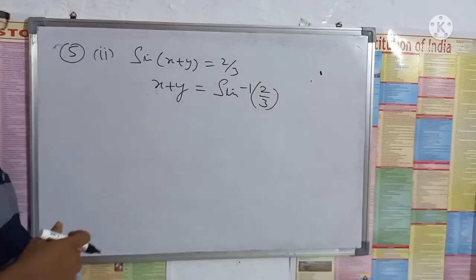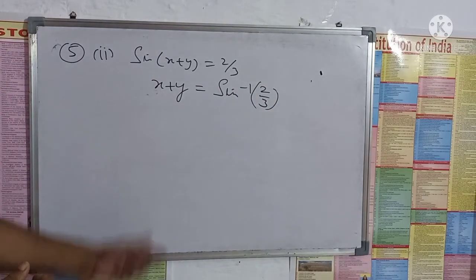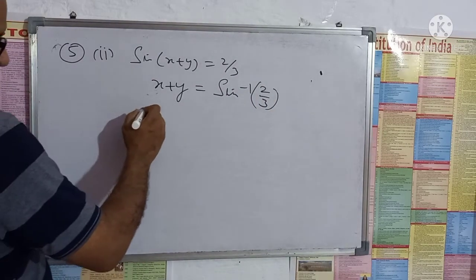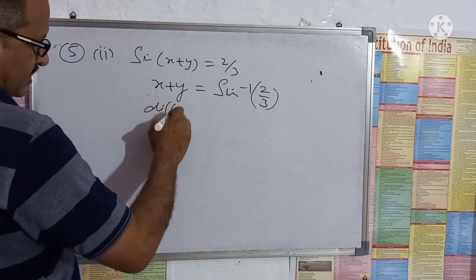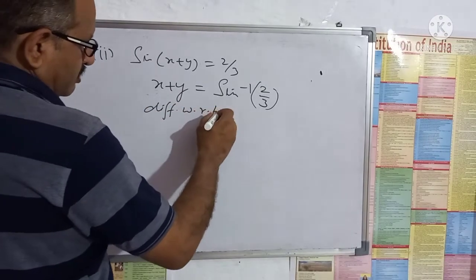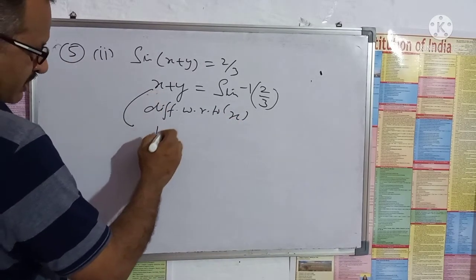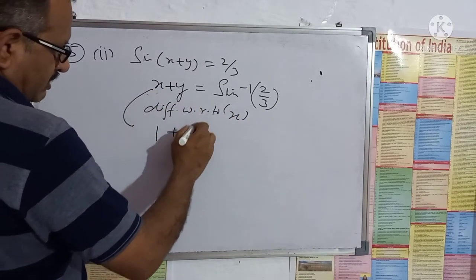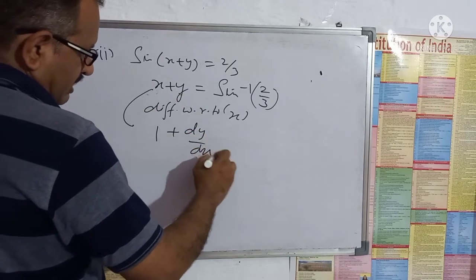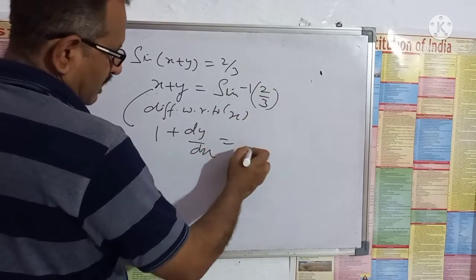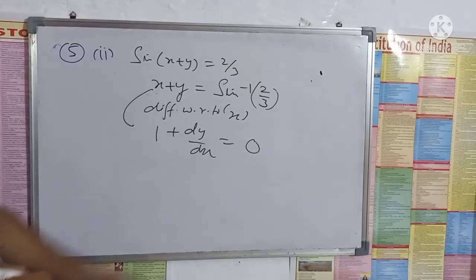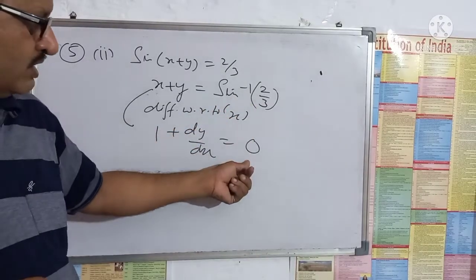Now we can differentiate with respect to x on both the sides. What is the derivative of x? 1. Derivative of y, we will write dy by dx. And sin inverse 2 by 3 is constant, so its derivative is 0.